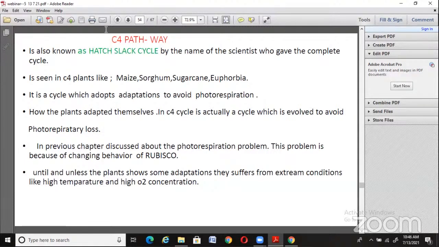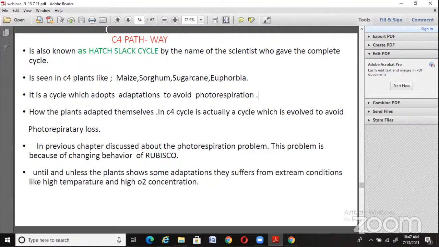during photorespiration, the main important enzyme is Rubisco, and this Rubisco does not show a fixed character. According to situations like high oxygen concentration and high temperature, those conditions influence the character of Rubisco.